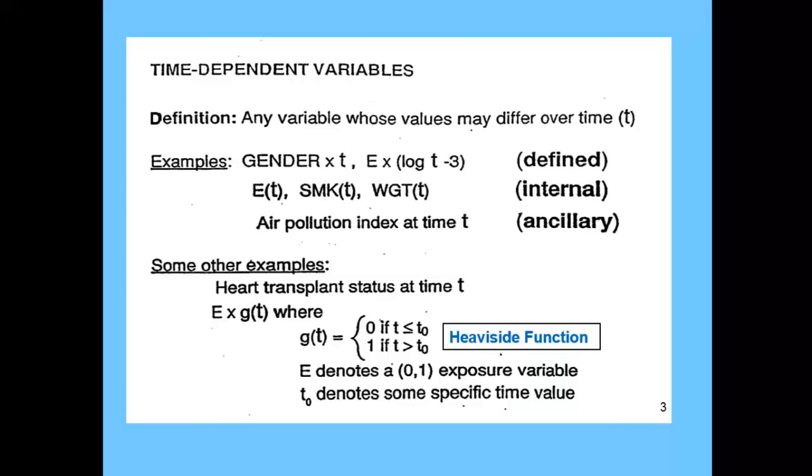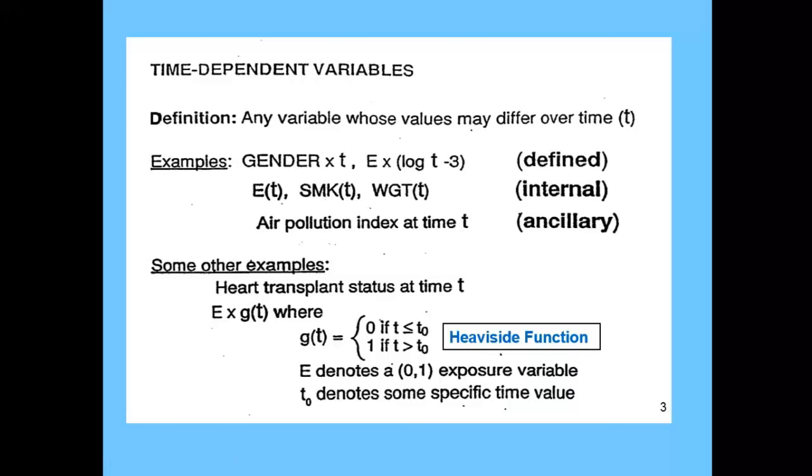You have a lot of pollution one day, less pollution the next day, so that variable changes over time. You could say this kind of variable is not exactly internal because it's external. It's ancillary to the individual. That's why it's sometimes referred to as an ancillary variable. Although it's still sort of internal because until you see what happens with that individual, you won't know what the value is.